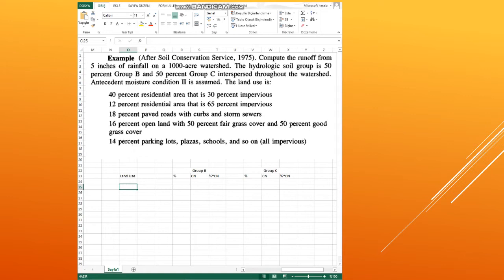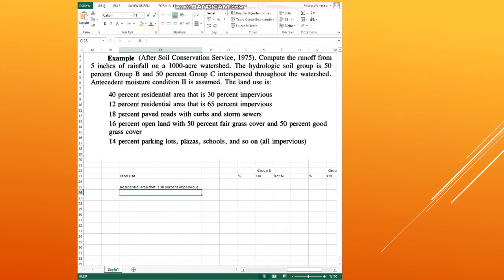So let's write here the land use: residential area, that is 30% impervious.